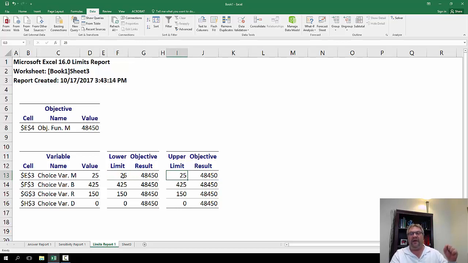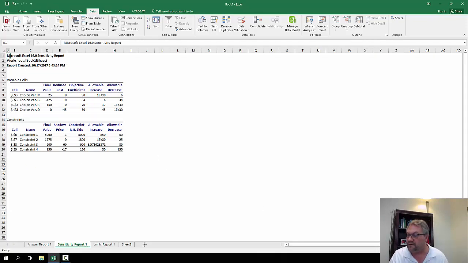Choice variable M has to be 25. Choice variable B has to be 425, so on and so forth, right? So I do want to note that this can happen where the upper and the lower limit are equal to each other.